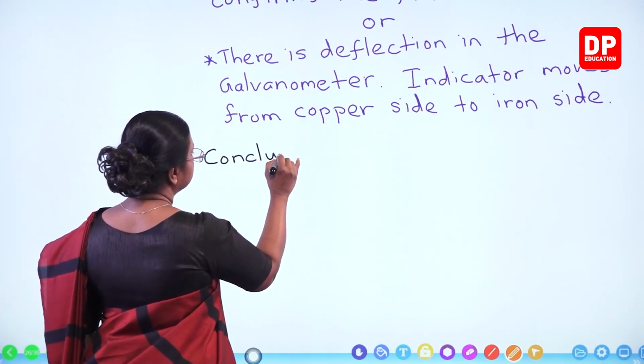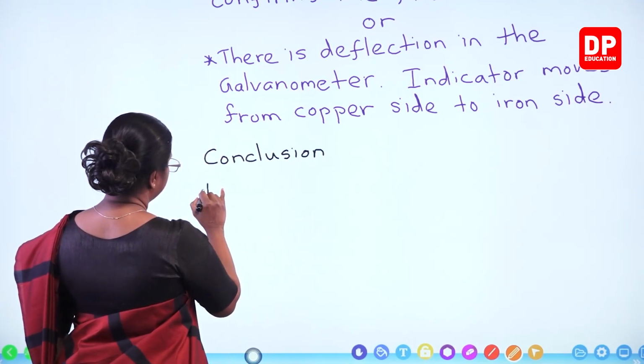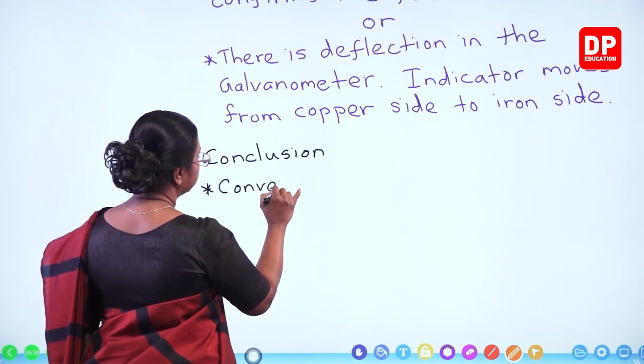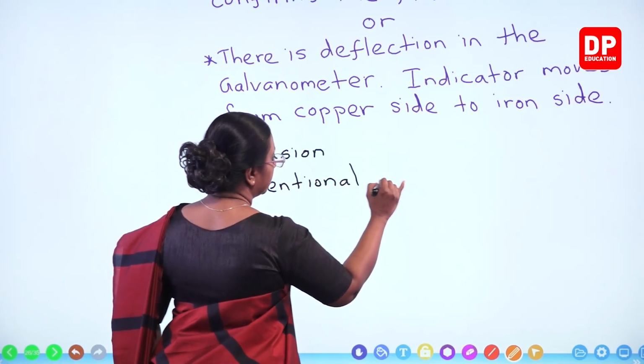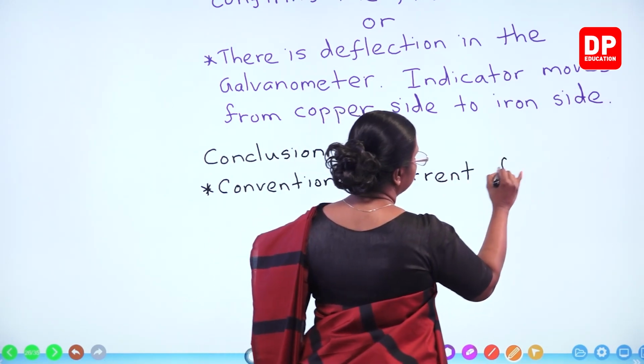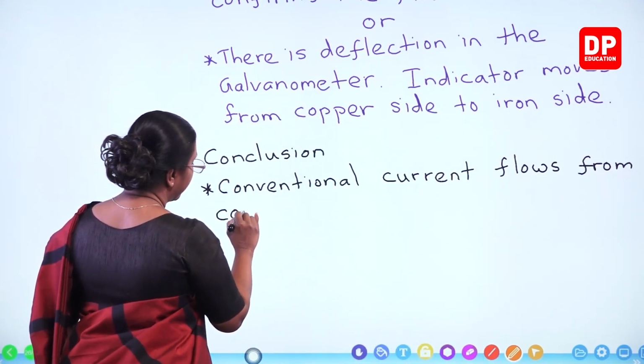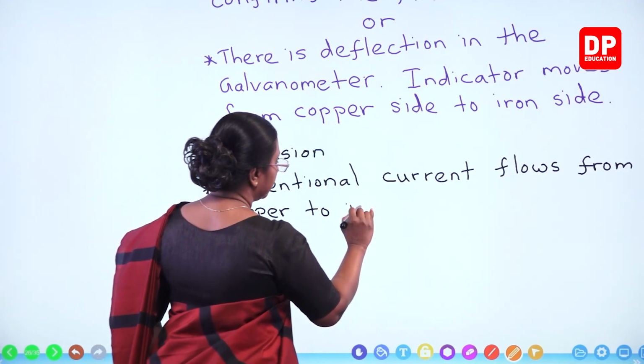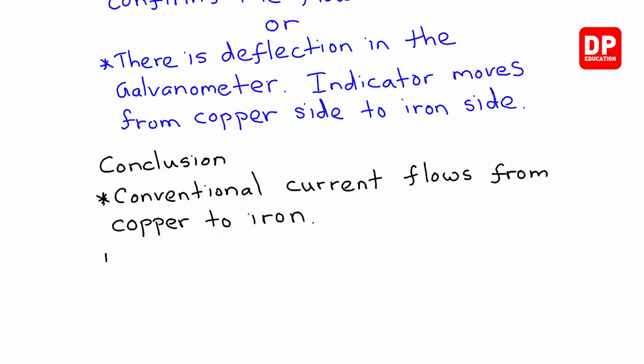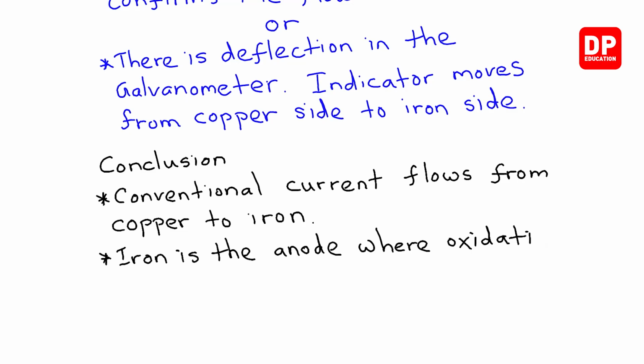Conclusion. We can say conventional current flows from copper to iron, and also we already know iron is the anode where oxidation occurs.